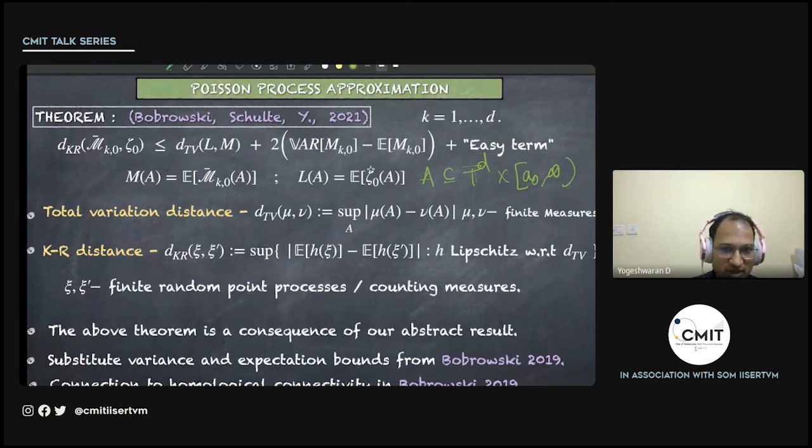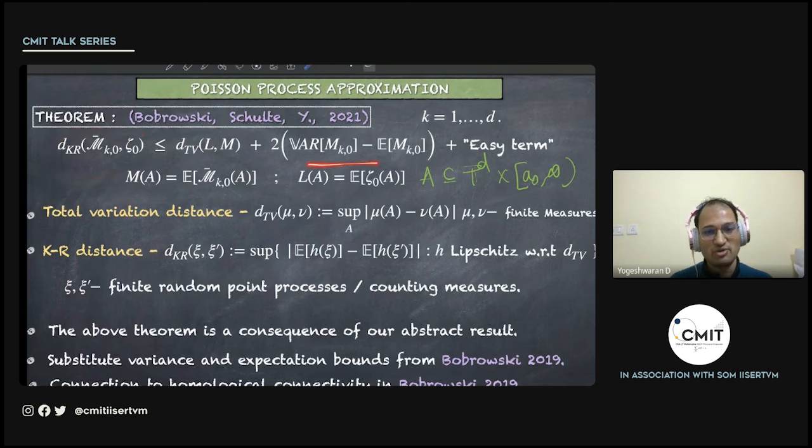So M and L are measures. You look at the total variation distance between M and L, that is deterministic measures, and then variance minus expectation. I told you precisely when variance is equal to expectation, it's a Poisson random variable. And what does our theorem tell you? If variance is converging to the expectation, that is, variance minus expectation is converging to 0, you get a rate of convergence also.